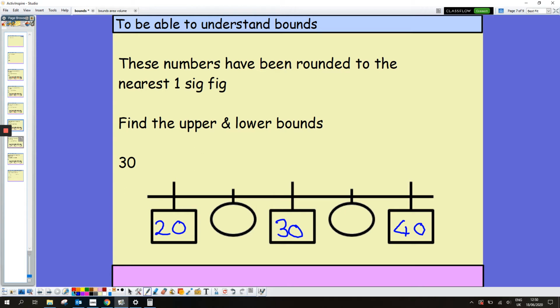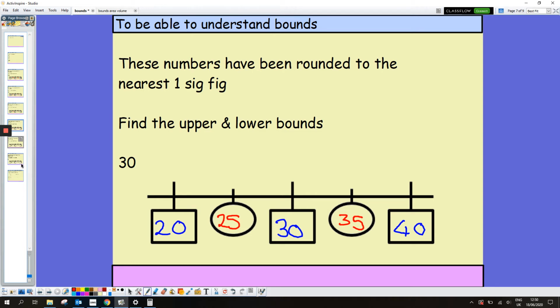They're all one significant figure. I've only got one digit that's not a 0. So in the middle, 25 as a lower bound and 35 as an upper bound. 25 and 35 are both two significant figure numbers. So if they were rounded to one significant figure, they would change to 30.